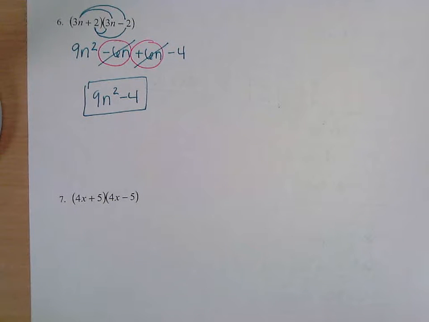There you go. So we have 4x and 4x, so x and Dave's passing out the assignment. I'm checking number 7.